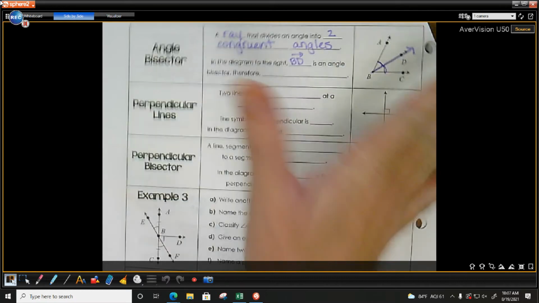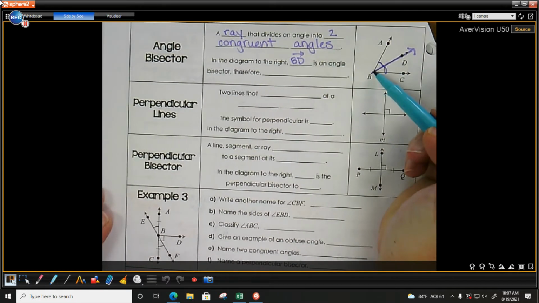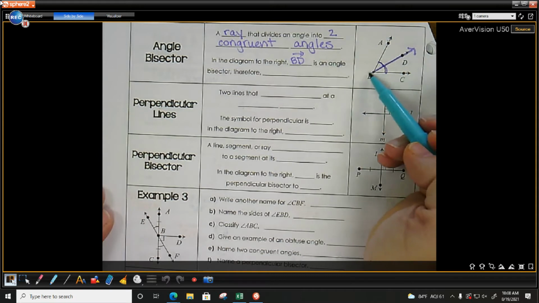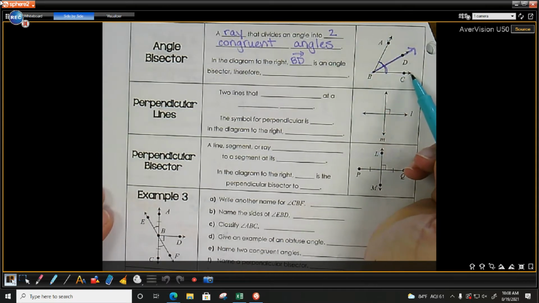If I call it angle B, which is where the vertex is, there's one angle B, there's two angle B's, there's three angle B's. So if I just say angle B, which of the three are we talking about? We have no clue.